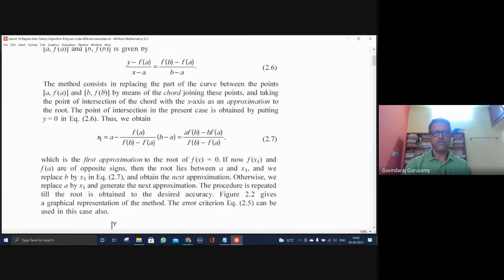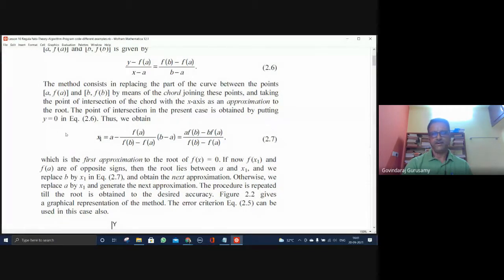Now you rewrite this equation and represent it as x1. The method consists of replacing the part of the curve between the points by means of a chord joining these points, and taking the point of intersection of the chord with the x-axis as an approximation to the root. The point of intersection in this case is obtained by putting y equal to 0 in the equation of the chord.